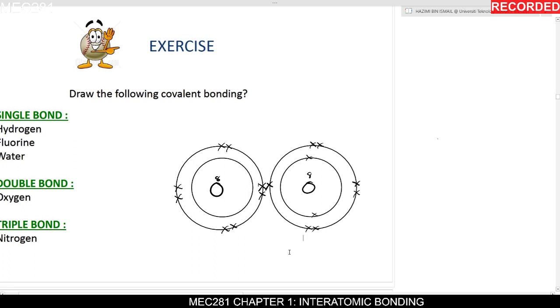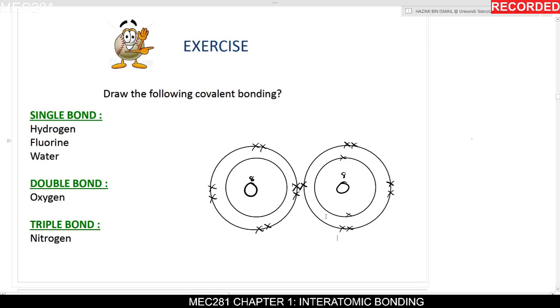Okay, so how do you get the 6 here to form the 8 electron valence? You have to share a double bond. Okay. How do you get the double bond?